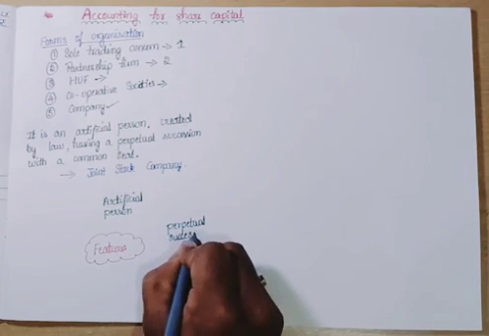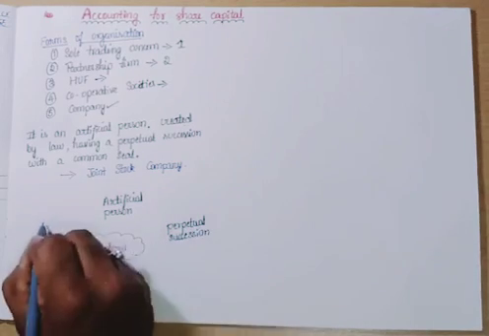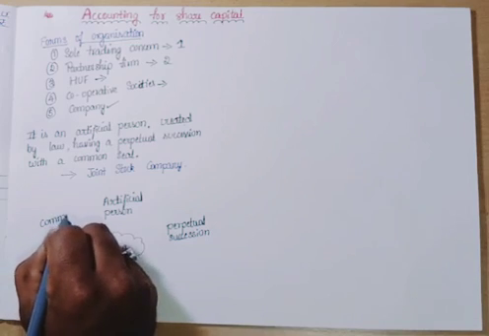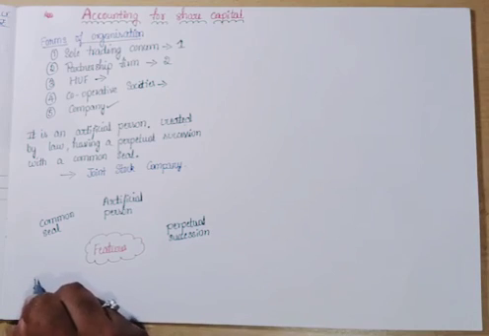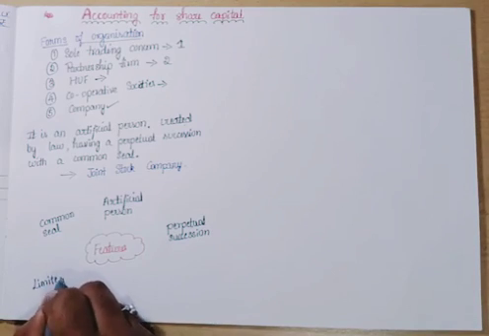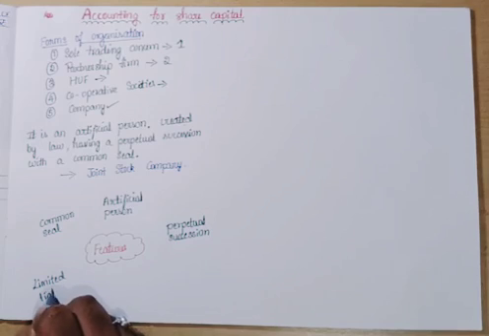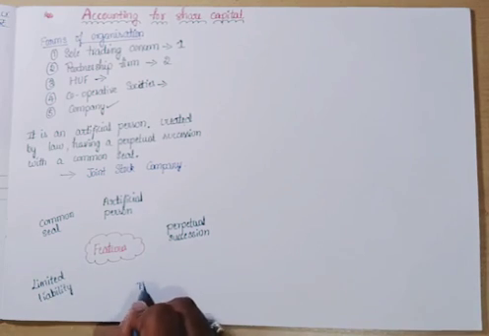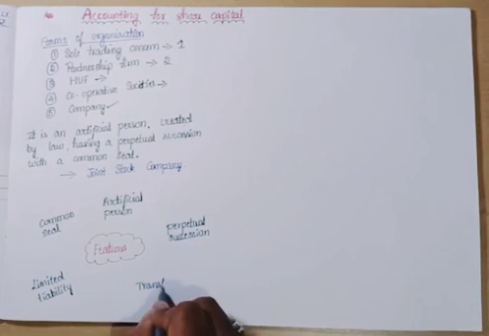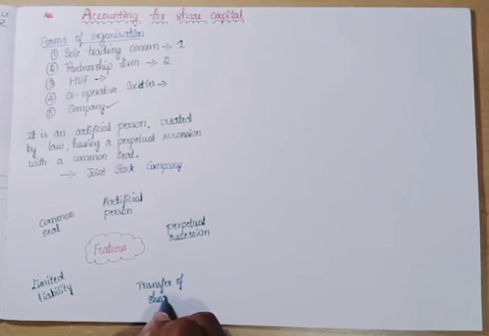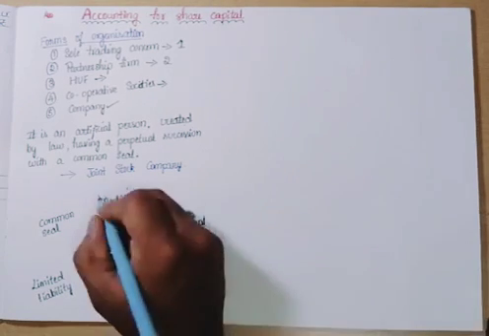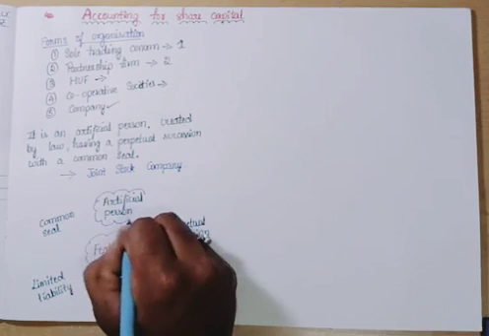And next one is common seal. And next one is limited liability. It is very important, limited liability. And last one is transferability, transfer of shares. Shares are ownership we can call. So these are the various features of joint stock company.